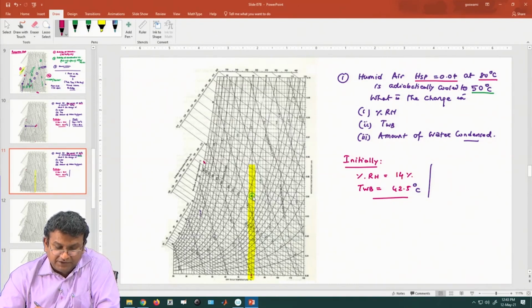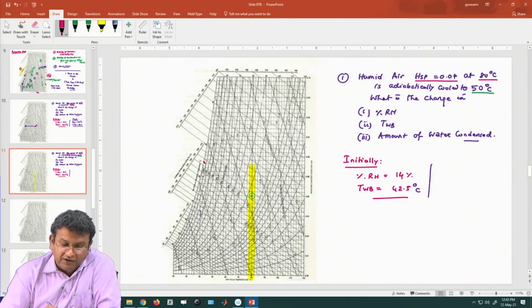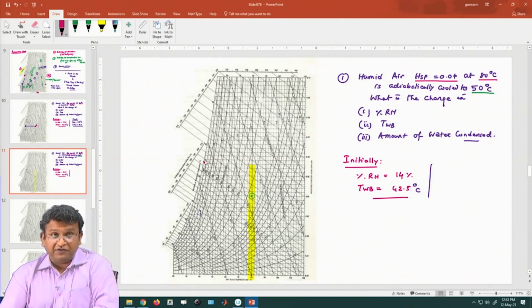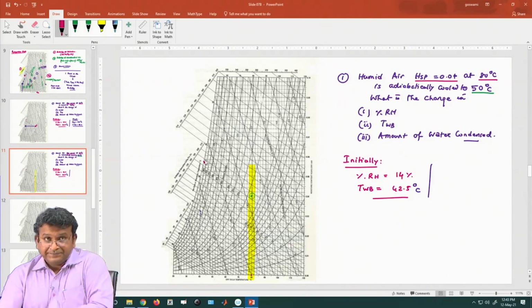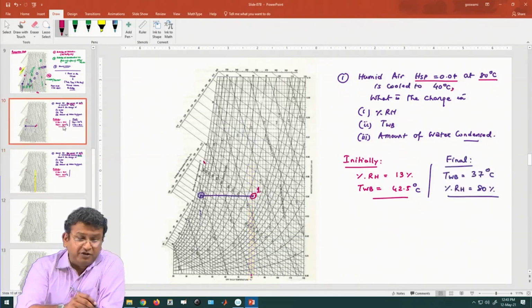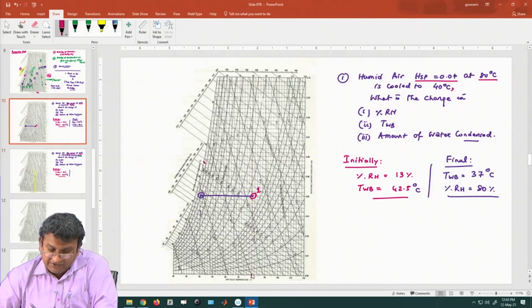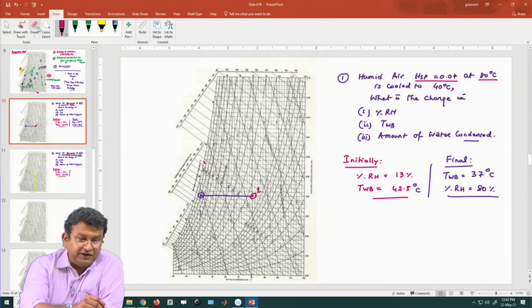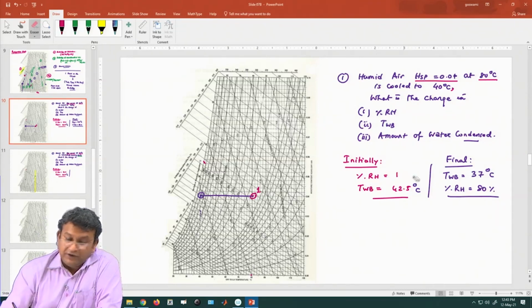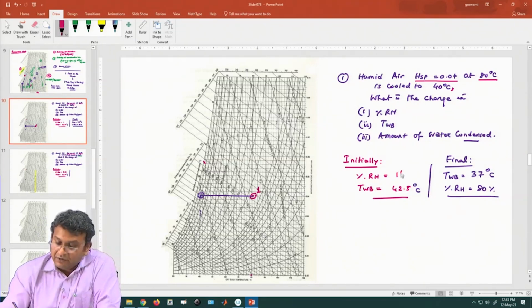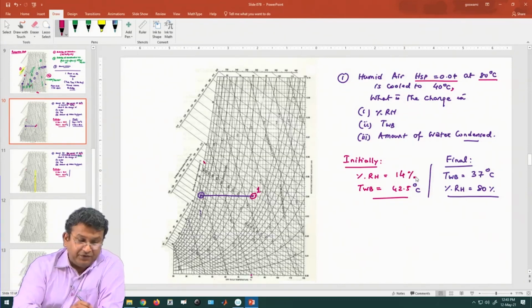And the wet bulb temperature we calculated correctly, 41, 42, so it is around 42.5 degree centigrade. That is perfectly fine. Maybe in the previous problem also we should check what mistake we did. No, I think we took 13%, we should have taken 14%, it is fine. So, we can always do a correction, right.